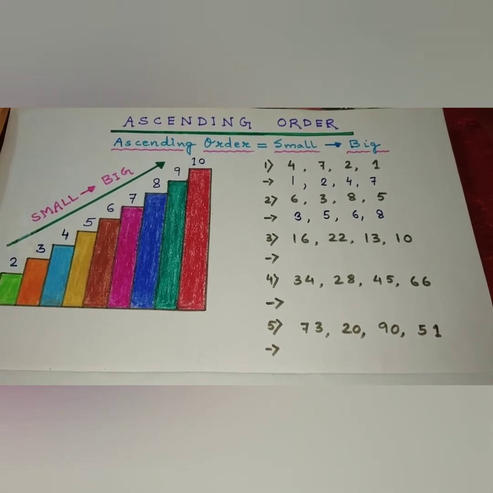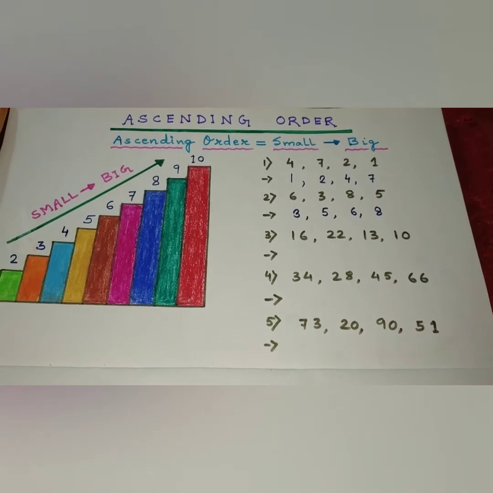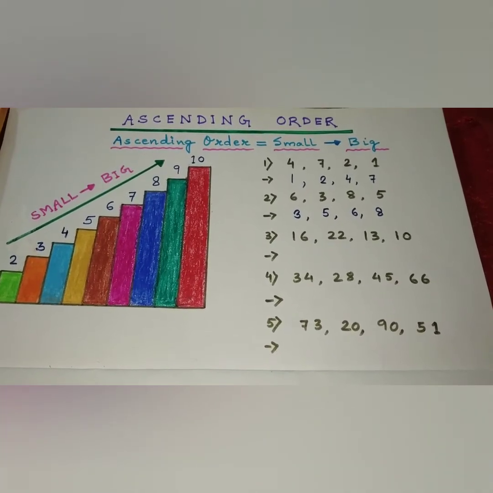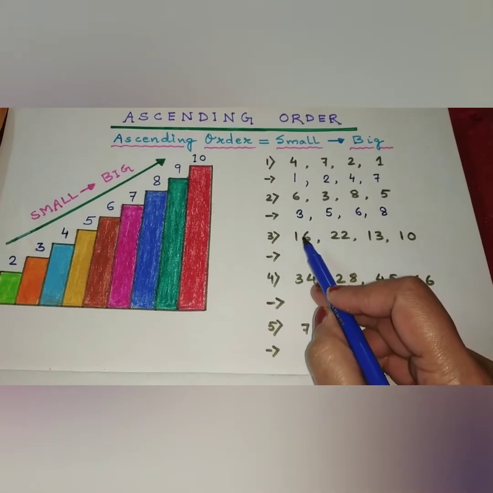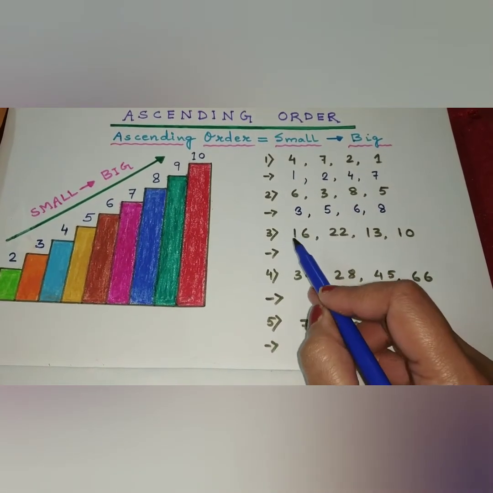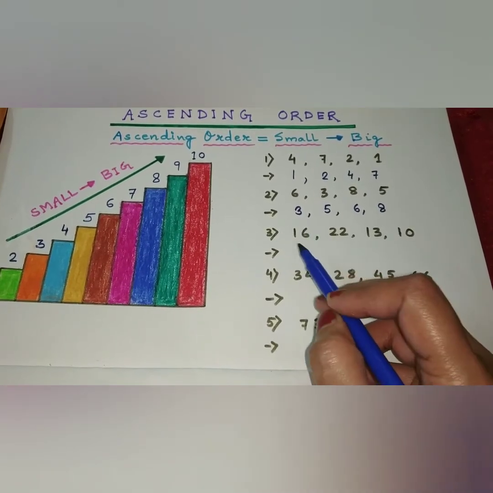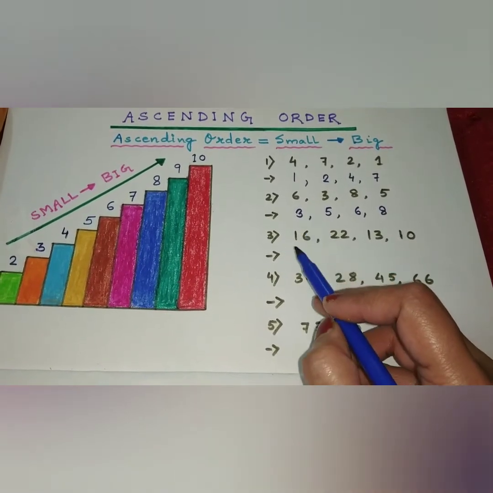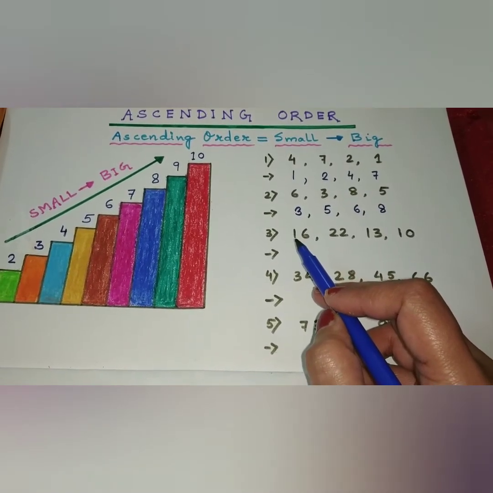While doing ascending order in 2-digit numbers, we will always see the first digit in the number. Suppose in number 16, which is the first digit? Number 1. Then is 6. So it is making the number 16. The first digit in the number 16 is 1.